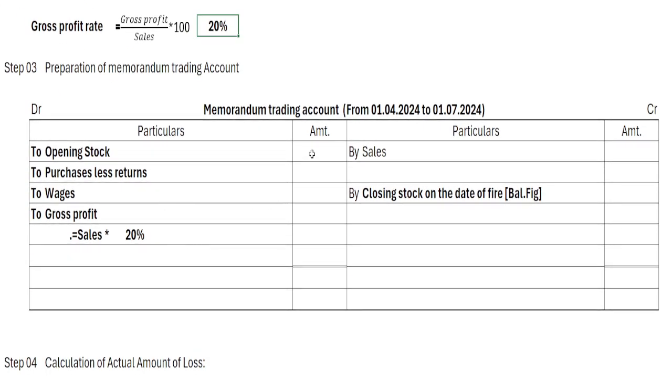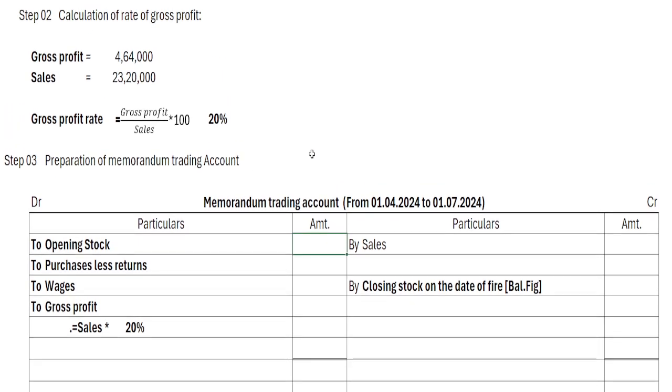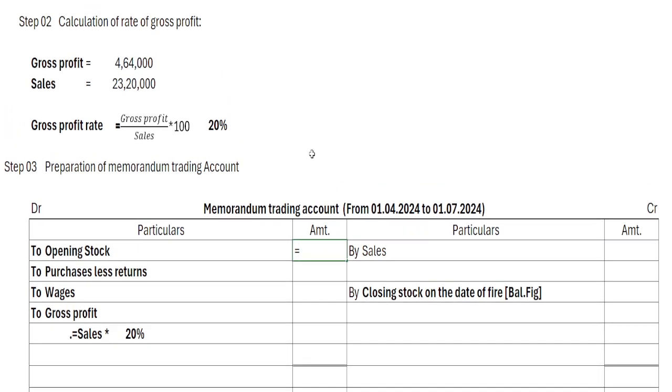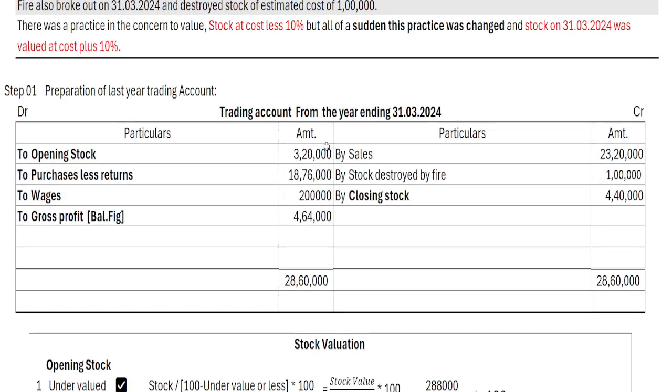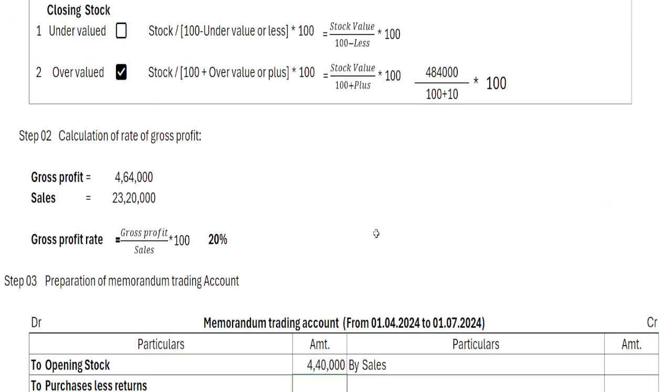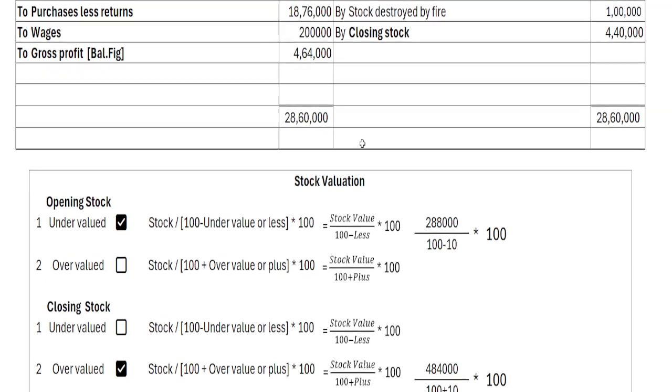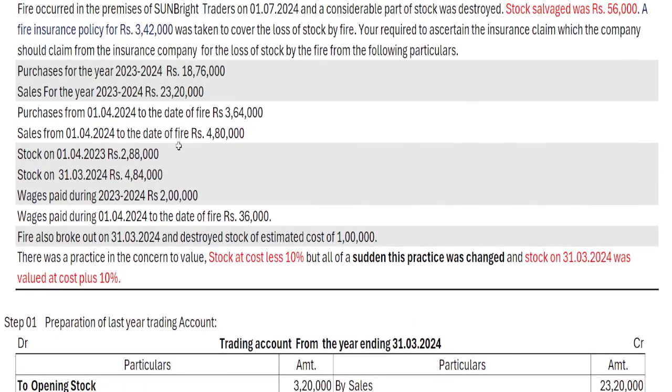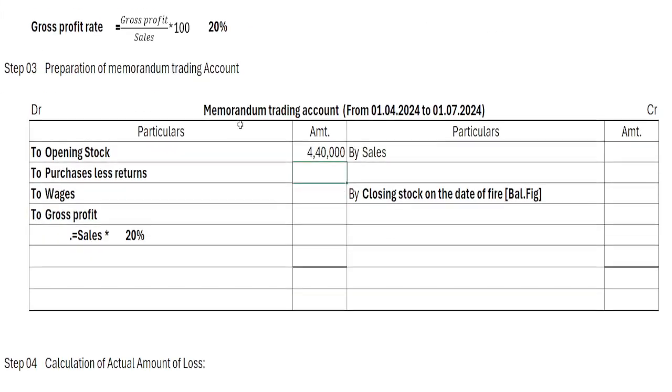Now let's calculate the memorandum trading account. Last year's closing balance will be the opening balance for the next year. Purchases till the date of fire is 3 lakh 64,000.